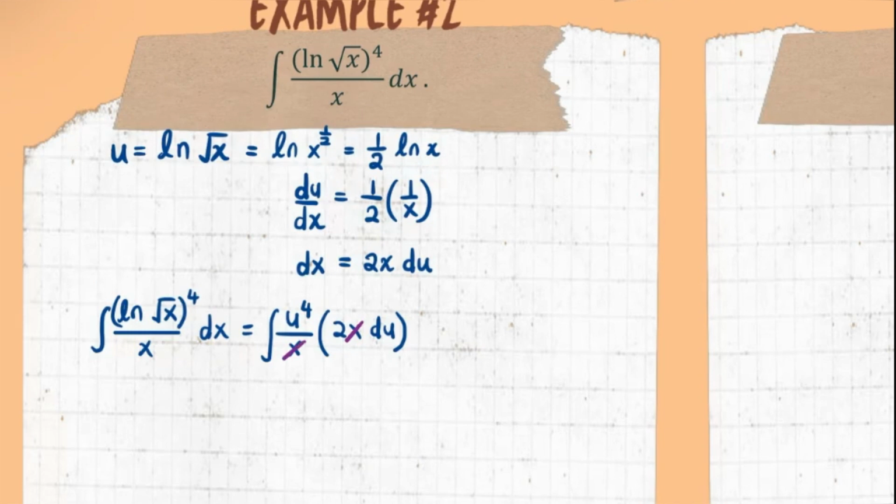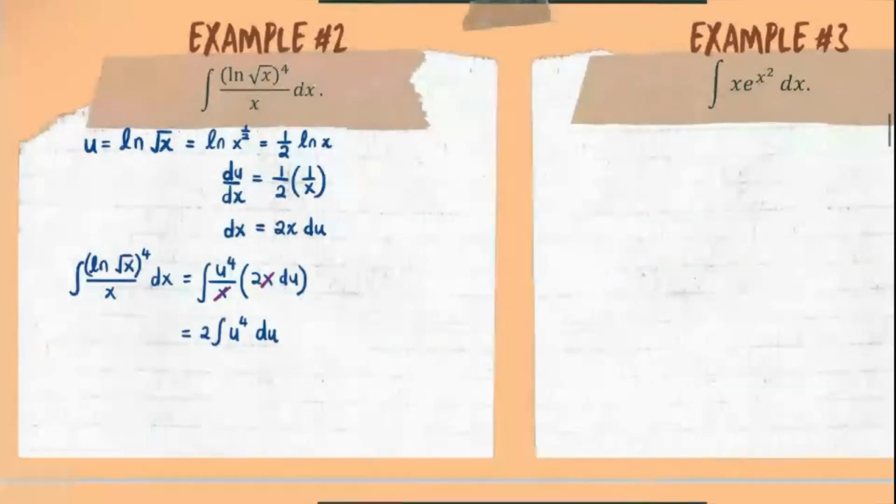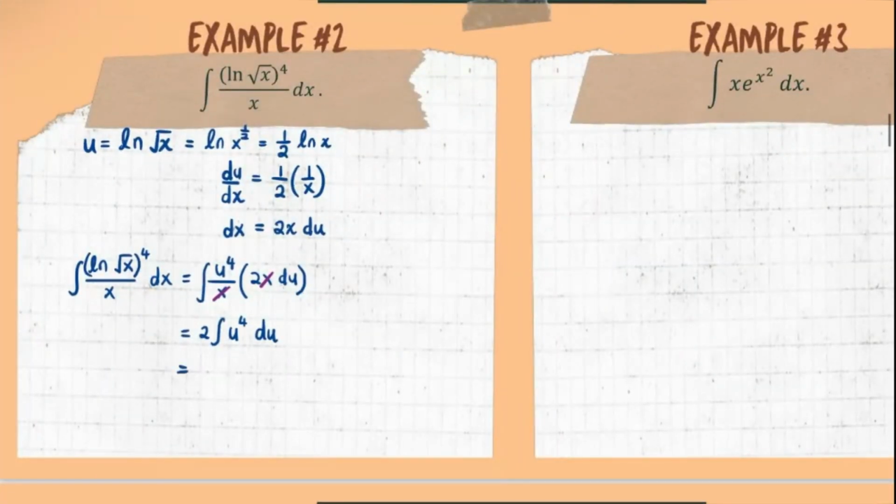X over x will be equals to 1. So let's factorize 2. We integrate u to the power of 4 du. And lastly, integrate u to the power of 4. We have u to the power of 5 over 5 plus c. And rewrite back the answer as 2 over 5. U tadi adalah ln square root of x to the power of 5 plus c.